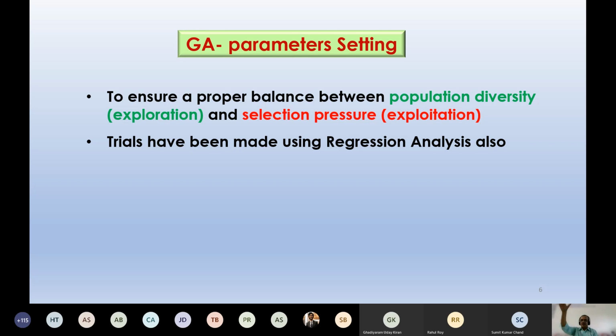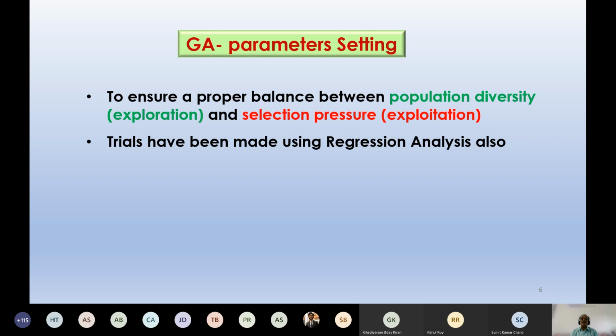They used different sets of input parameters for the genetic algorithm, like what should be the probability of crossover, the probability of mutation, the population size, and the maximum number of generations. With different combinations of these parameters, they ran GA, got the optimal solution, and after that carried out some sort of regression analysis.